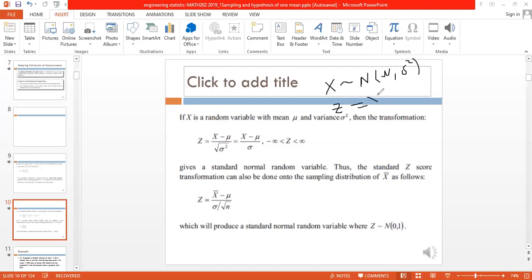The value of the process or the observation X minus the mean of the process over the standard deviation.